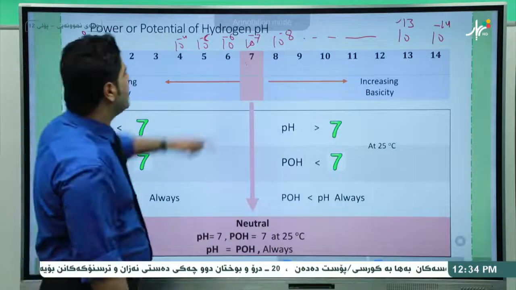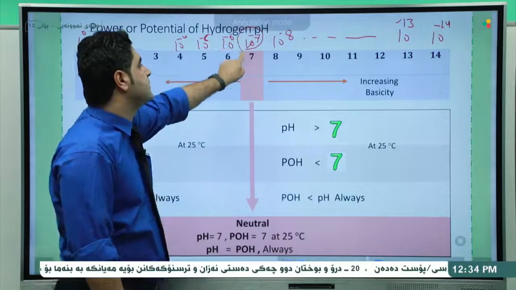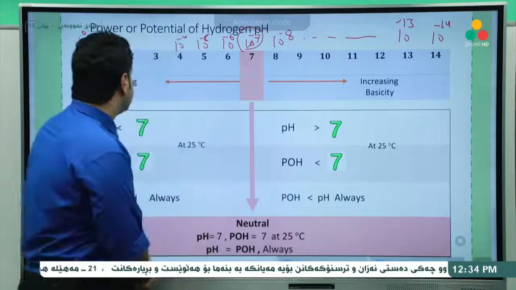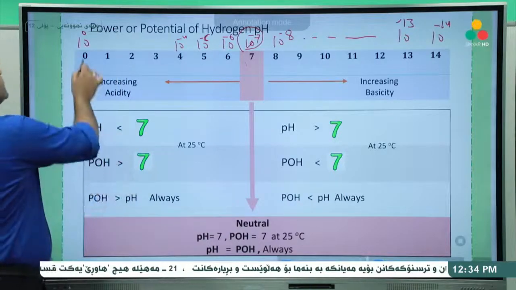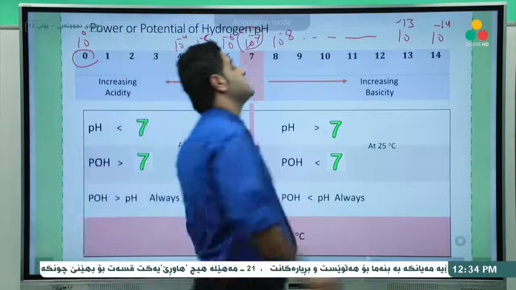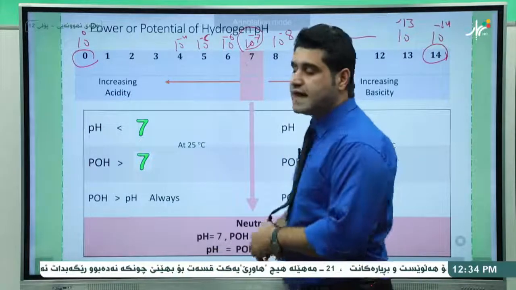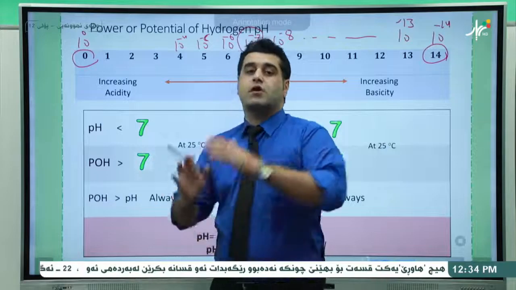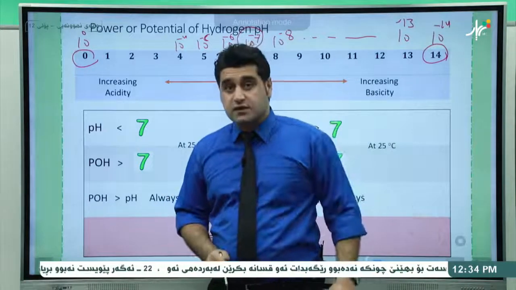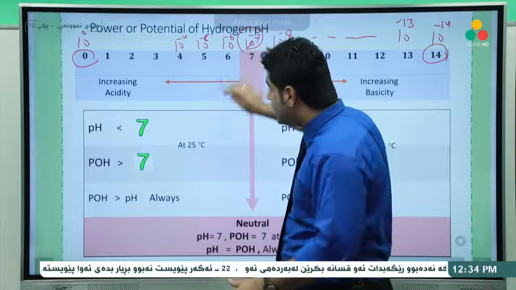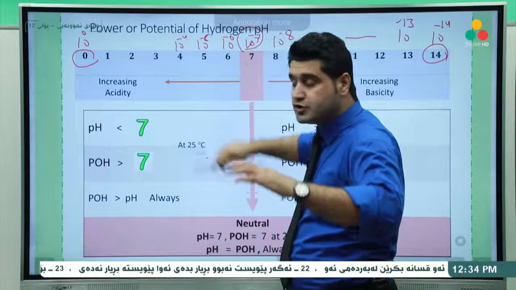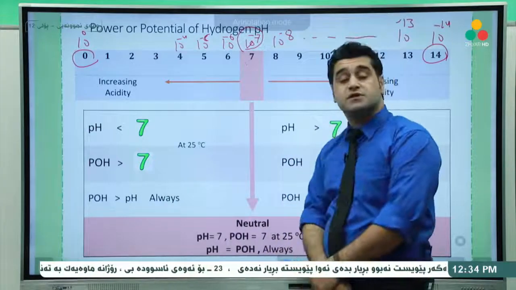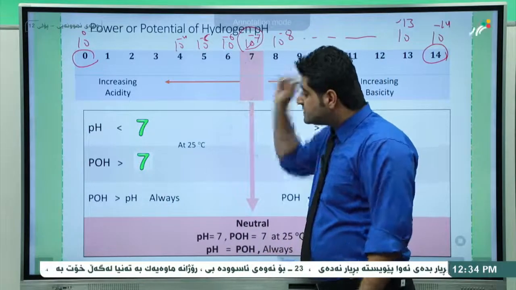Because when we measure the hydronium ion concentration, we have 1 times 10 to the negative 7. You see? Why do we get a pH scale between 0 and 40? Because when we measure the hydronium ion concentration, it locates between 10 to the 0 and 10 to the negative 40. So if you have any question about the pH value, we should mention the hydronium ion concentration because there's a relationship between them, and we're going to learn it now.